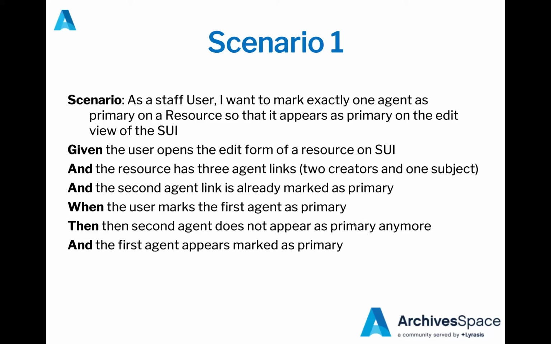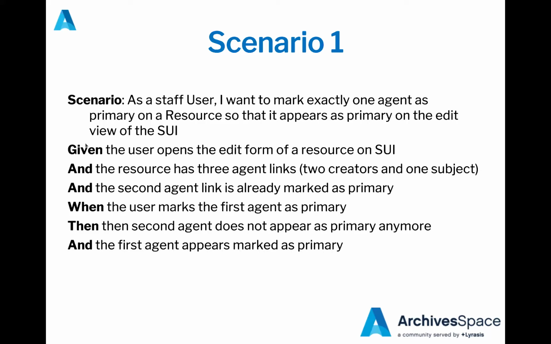So, to make a long story short, this refers to the fact that we can only have one specific agent link marked as primary, and doing this in a very concrete scenario, in a very concrete narration of a specific user interaction with an ArchivesSpace system.